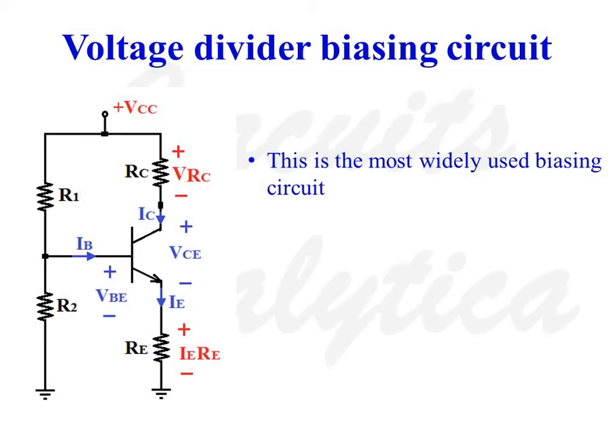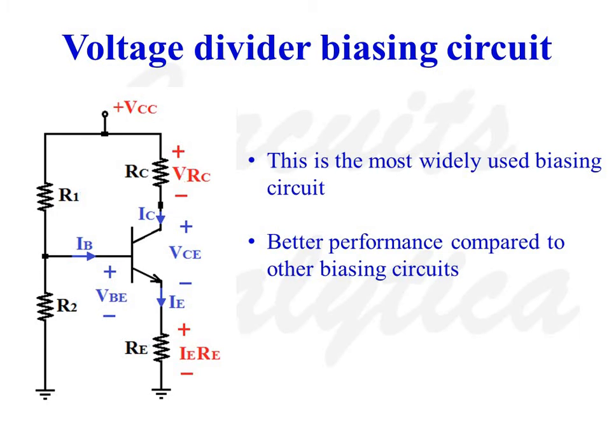This is the most widely used biasing circuit. The performance of this circuit is better than the performance of the other biasing circuits. The circuit is also called a self-bias circuit.